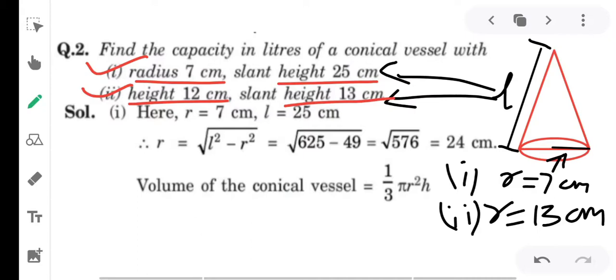Here the slant height is given, and by using the formula we can find the height, right? यहाँ पर हम height find कर सकते हैं, right? तो यहाँ पर आप देखेंगे थोड़ा printing mistake भी हुआ है.